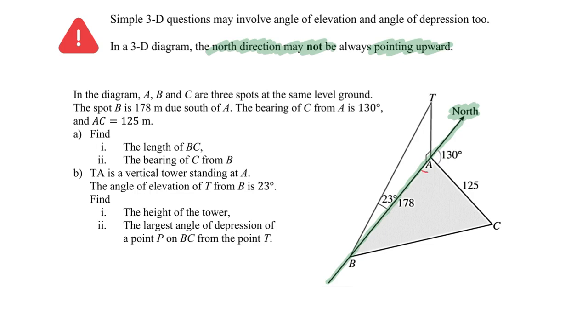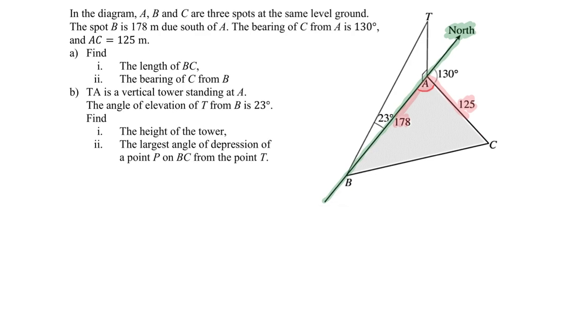Step 1, if I know this particular angle BAC, and with this configuration, how can I then find my BC? Yes, we are going to be applying the cosine rule.